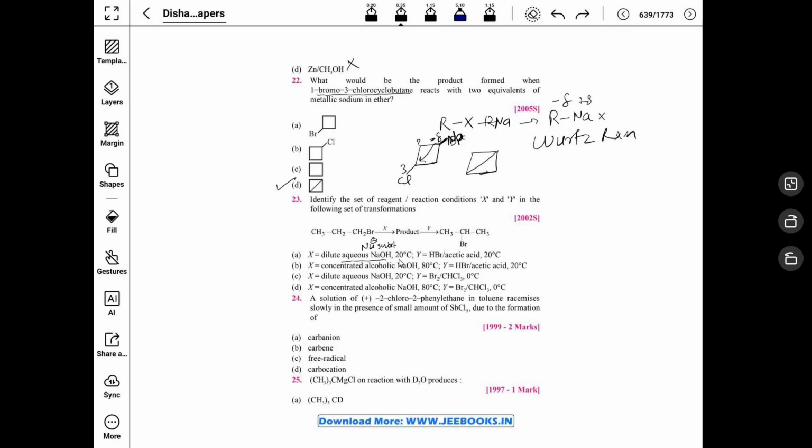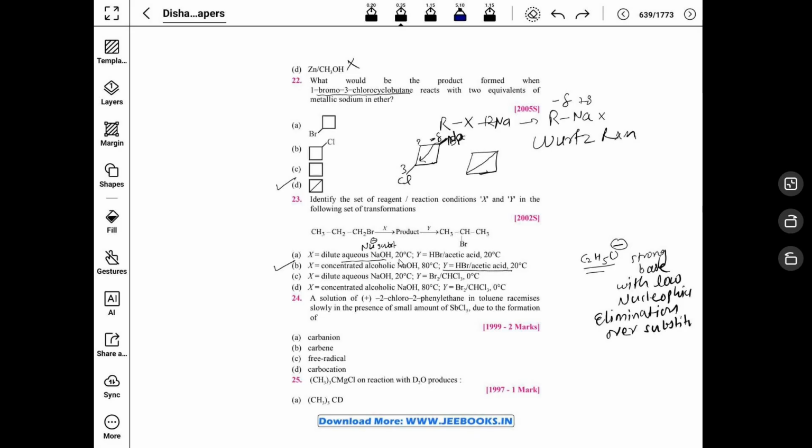Let's look at option B. Concentrated alcoholic NaOH. Yes, alcoholic NaOH will give this kind of base, and this is a strong base with low nucleophilicity, which favors elimination over substitution. And now let's look at the next, HBr in acetic acid. Yes, this looks to me like the correct answer. Let's look at what is written further.